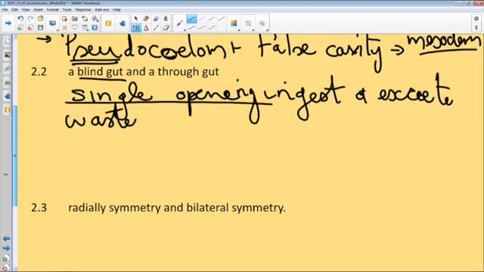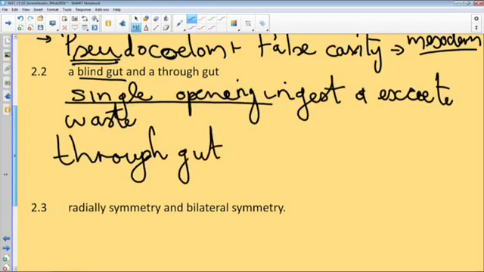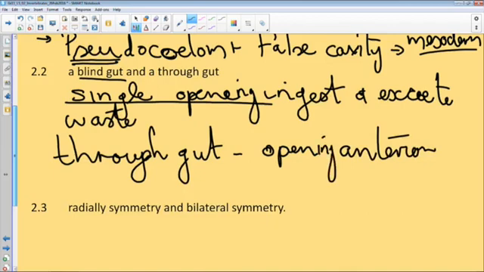And if we look at a through gut, guys, a through gut is basically referring to a gut in which there is an opening at the anterior end called the mouth, and there is a posterior opening at the end called the anus.